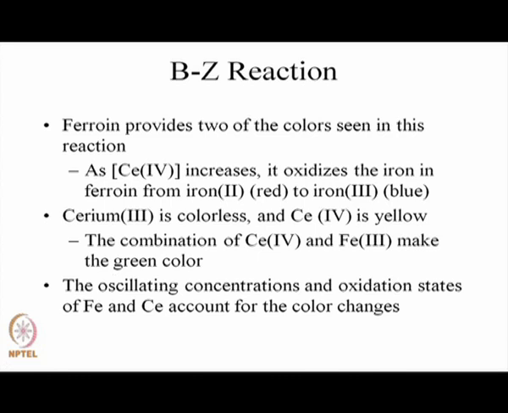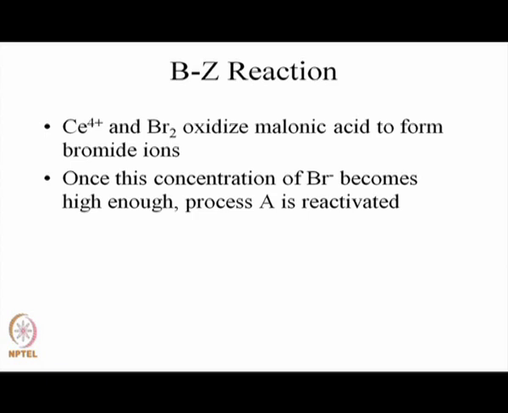So the oscillating concentrations and oxidation states of iron and cerium account for the color change. Now we can explain the color change.